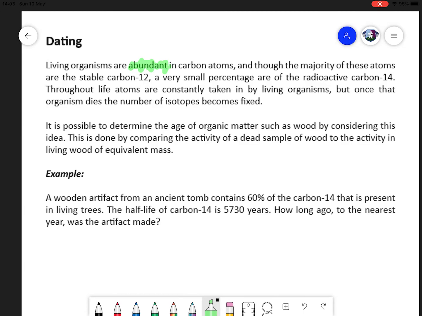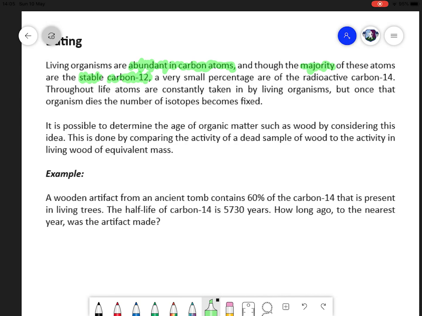Now, we know that all living organisms are abundant in carbon atoms. It's one of our main elements, so it's not entirely surprising that we have a mixture of isotopes. As we take in these elements through things like food, we will end up mostly with carbon-12, the most stable version of carbon.